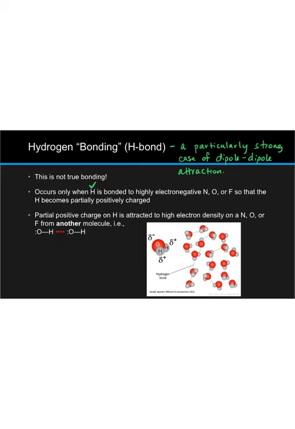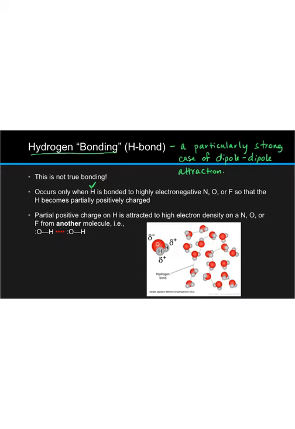In the case where hydrogen is bound to nitrogen, oxygen, or fluorine, we say that the force of dipole-dipole attraction is so strong it warrants its own standalone category, referred to as the H-bond, hydrogen bond. Water is a prime example of a molecule that experiences hydrogen bonding interactions between individual water molecules.